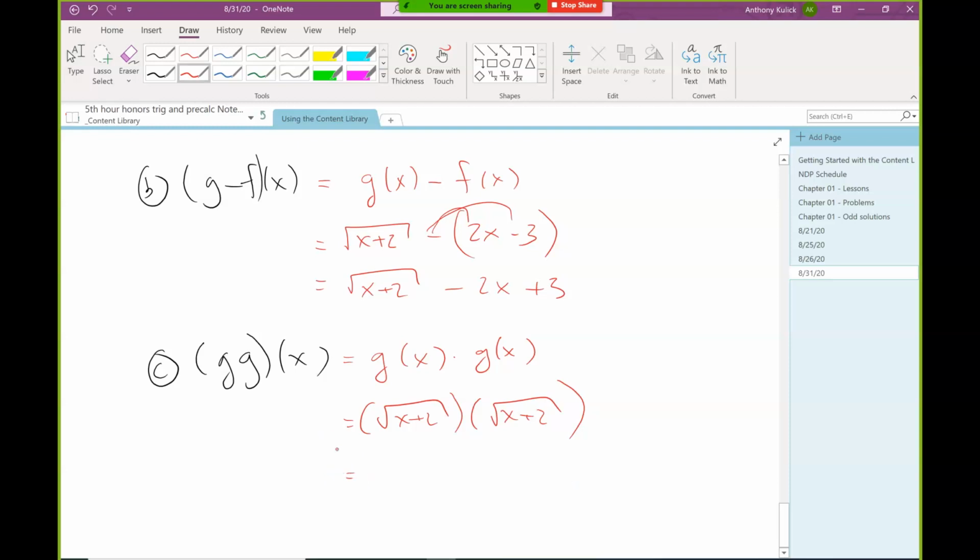Do I have to FOIL this? No. Good. I can really just think about it as the square root of x plus 2 squared, which simplifies to, well, almost. Think about it a little harder. You're missing something here.